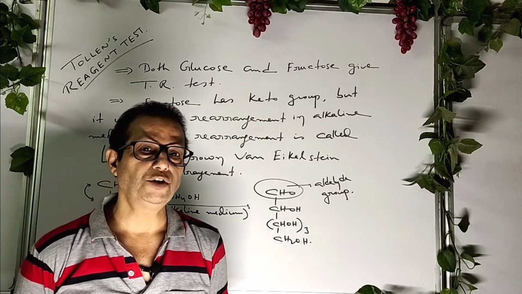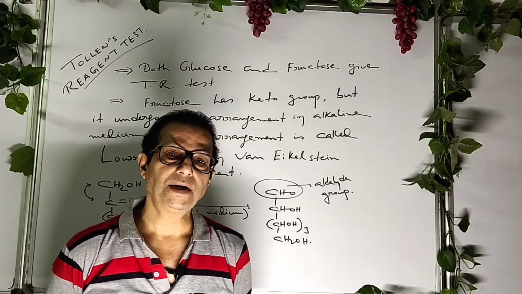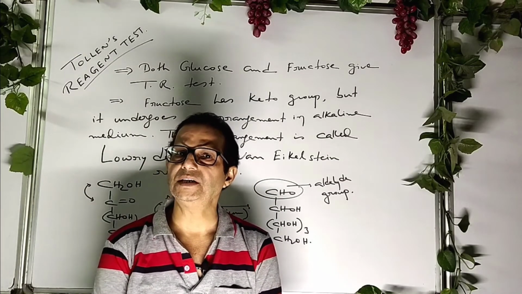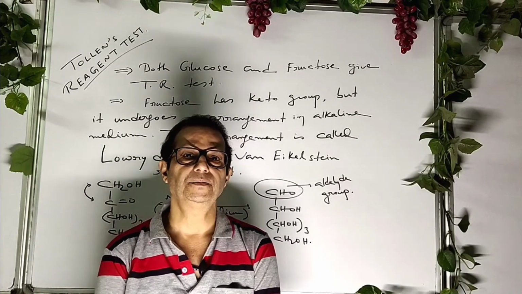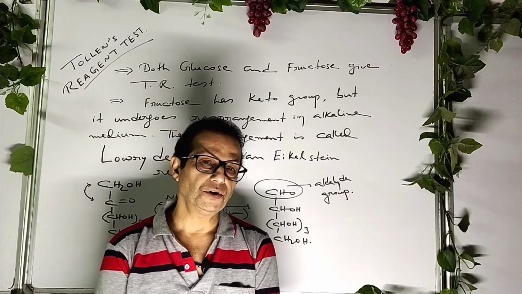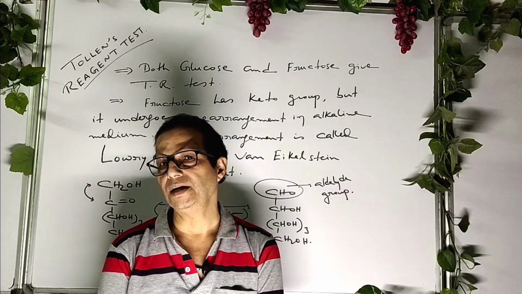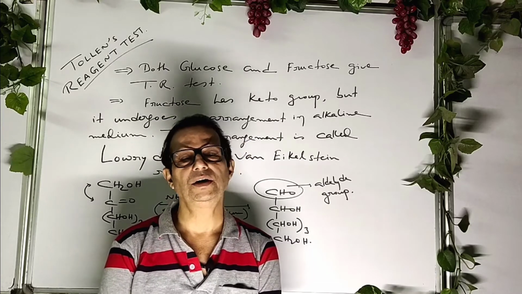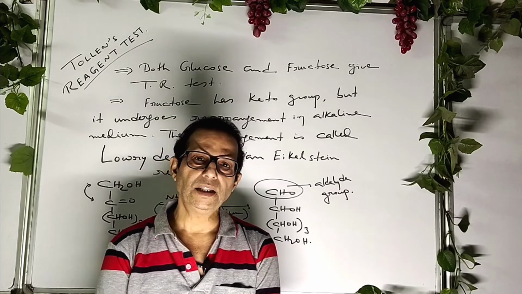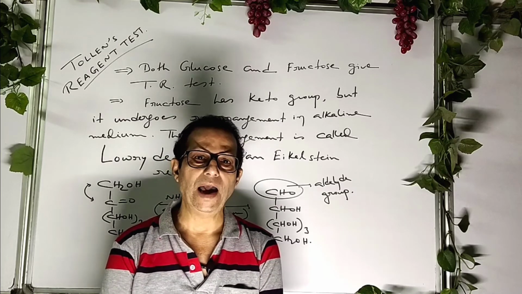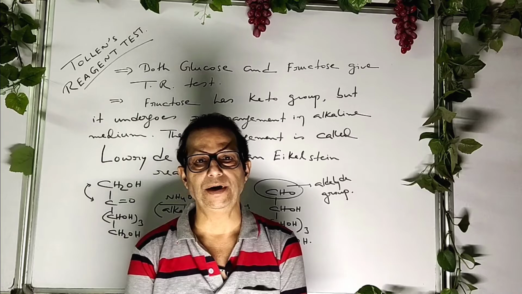It has only ketone group. But as Tollens reagent is an alkaline medium, that is ammonium hydroxide is present, thus fructose undergoes rearrangement to form aldehyde, which gives the Tollens reagent test. And the rearrangement is called Lobry de Bruyn-Van Ekenstein rearrangement.